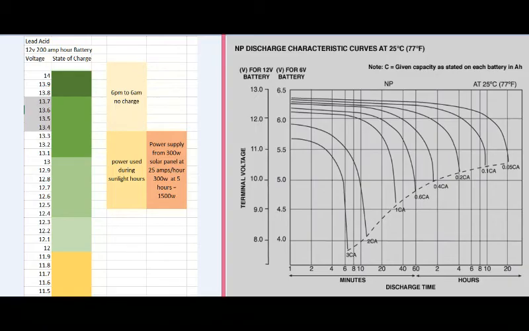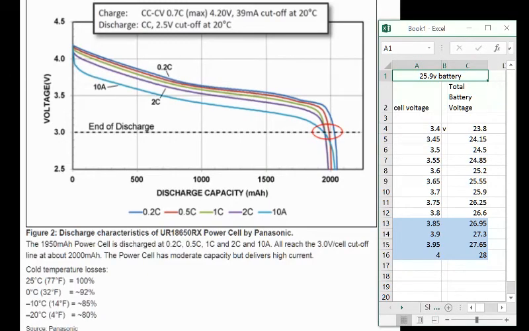Now we're going to look next at the chart for the 18650 batteries, and we'll close this thing out. Finally, this is the discharge chart for the 18650 cells. This is a Panasonic chart here, but it's a 2000 milliamp hour battery chart, and all the ones I looked at look very similar.